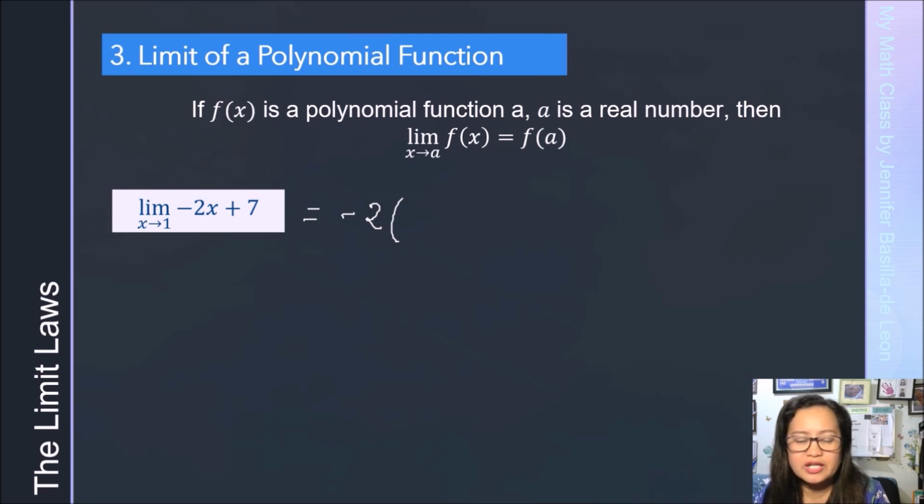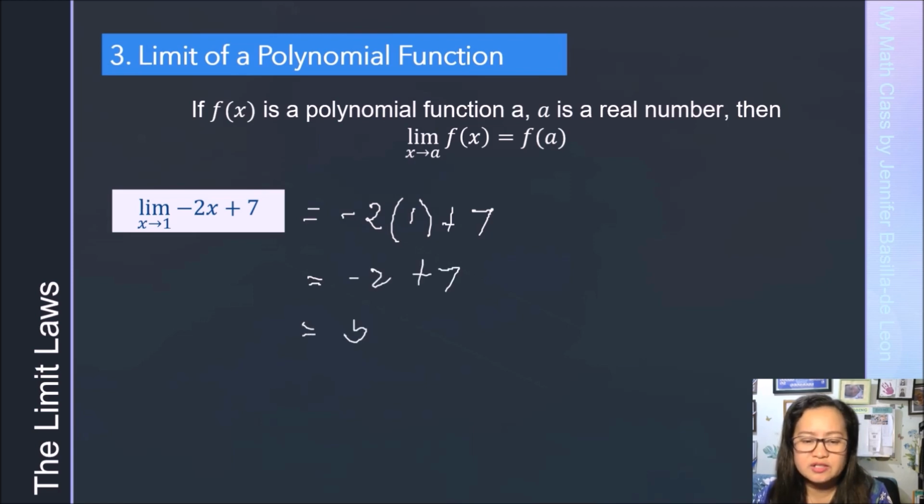We replace x by 1 and have -2 times 1 plus 7. Simplifying this further, we have 5. So the limit of -2x plus 7 as x approaches 1 is 5.